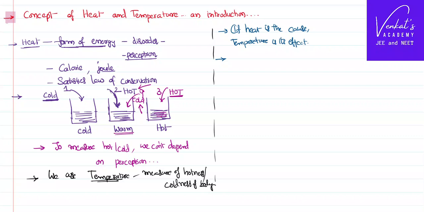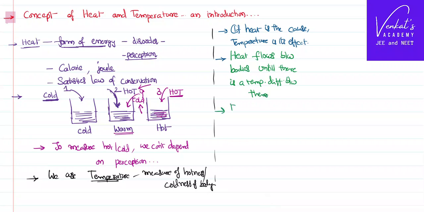One more thing we can understand is that heat flows between bodies when they are connected. Generally, there can also be a transmission without a physical connection, and we will talk about that later. But in general, heat flows between the bodies as long as there is a temperature difference between them. Means what?